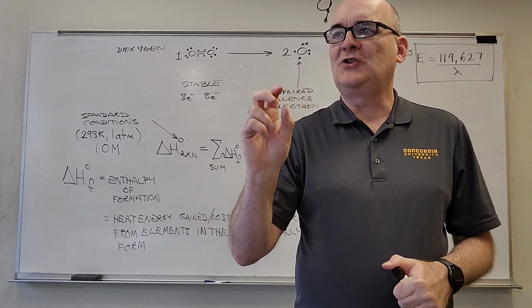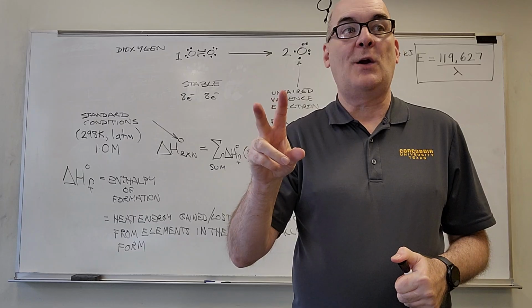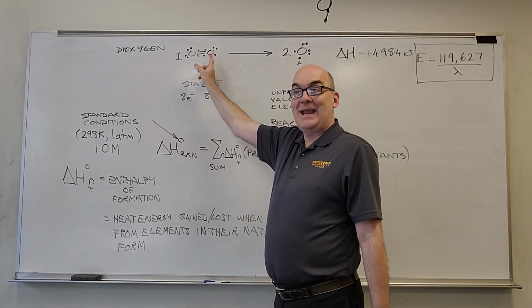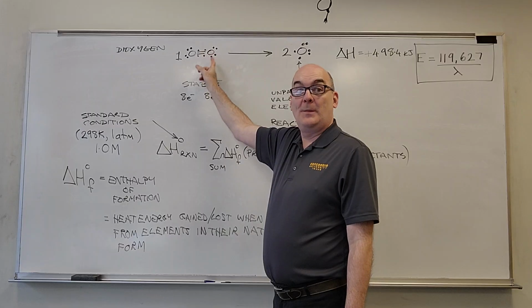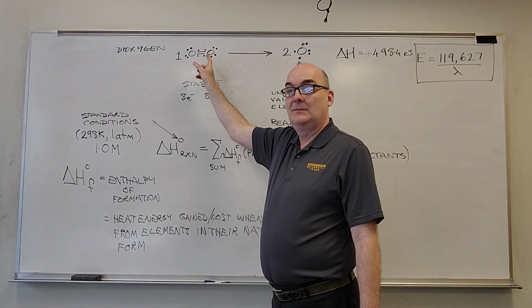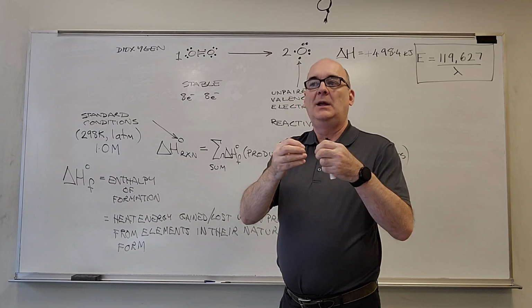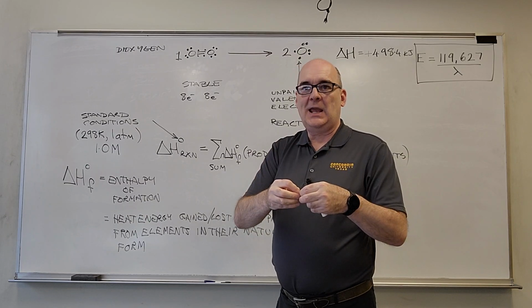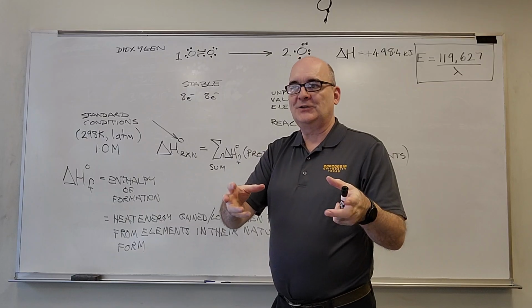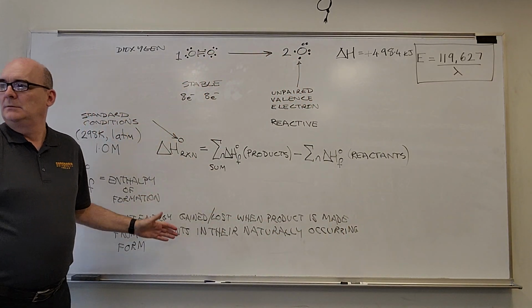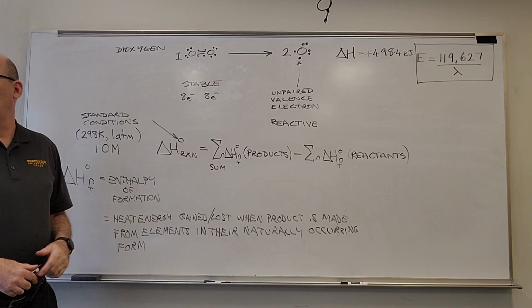And then I need 2 atoms of oxygen, which I would find in oxygen's naturally occurring form, O2. I would take graphite and gaseous dioxygen and stick them together, and they would make carbon dioxide, and the energy either gained or lost in that reaction would be my enthalpy of formation.